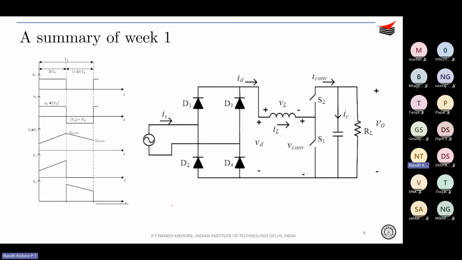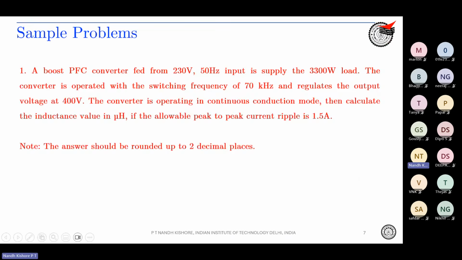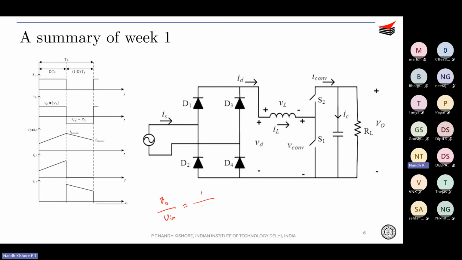this is essentially a boost converter, correct? Because it's a boost converter, just know that your V0 by Vin is still going to satisfy 1 by 1 minus d. This is still going to be satisfied.